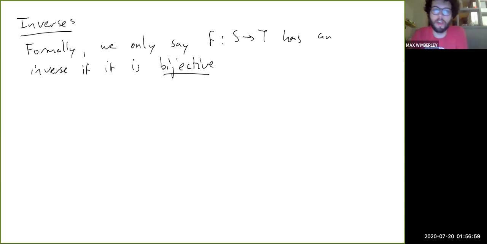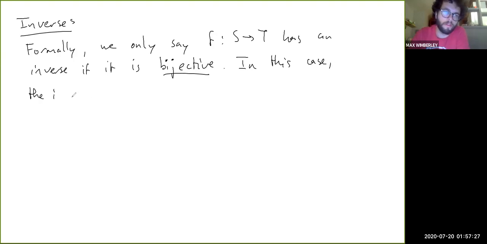But we do fudge this idea a bit in our class specifically, in the context of real analysis, where there's a little bit of wiggle room. But let's just consider this case.